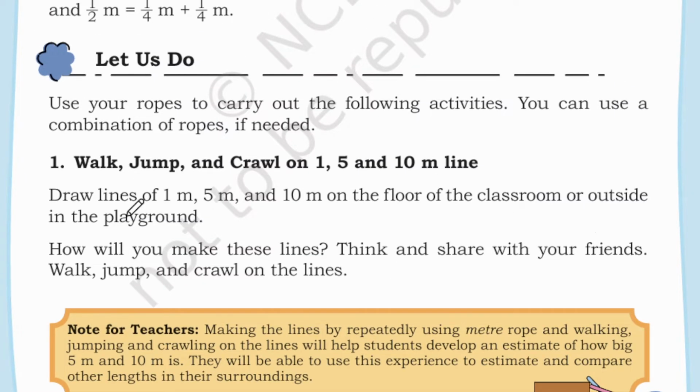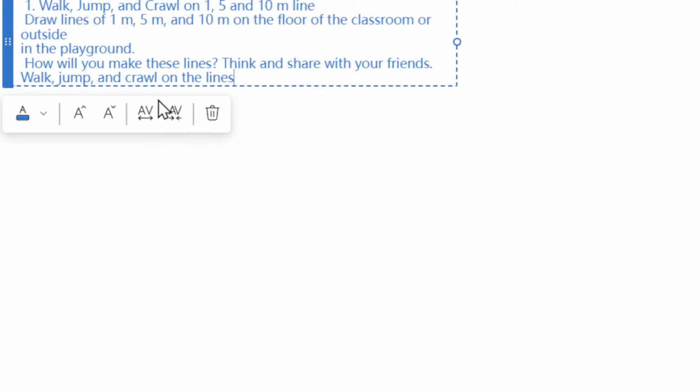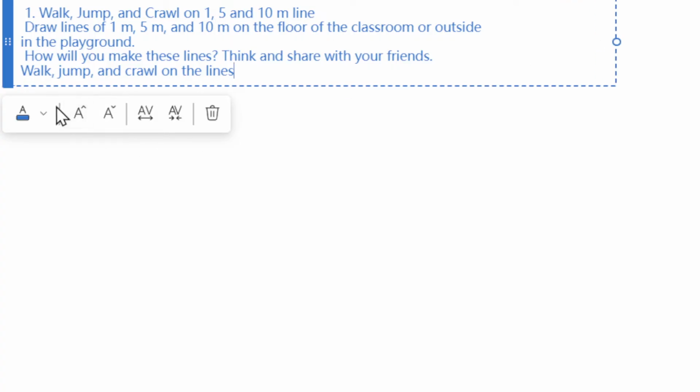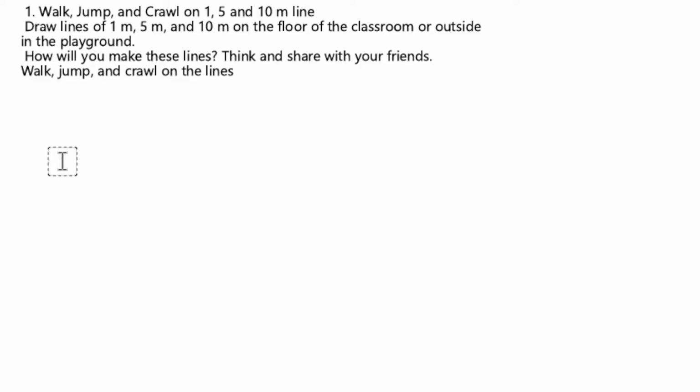Okay, I have taken a rough paper, so I'm going to copy this question. Draw 1 meter, 5 meter, 10 meter on the floor of the classroom or outside in the playground. So how do you make this line?